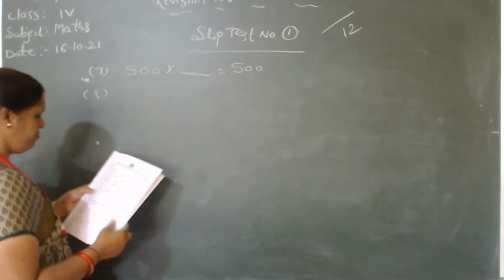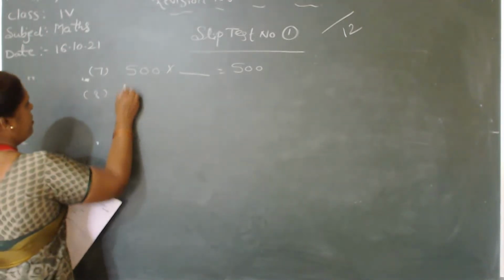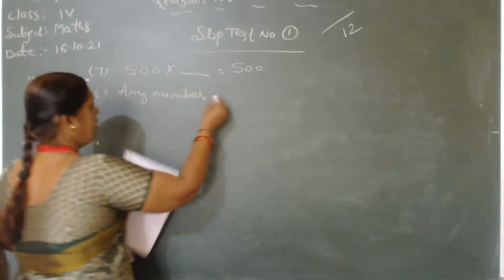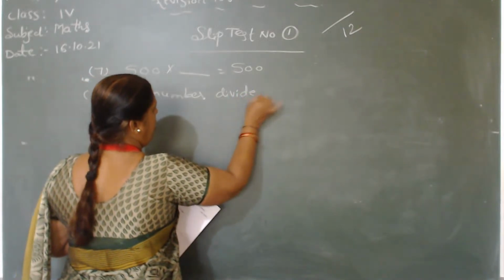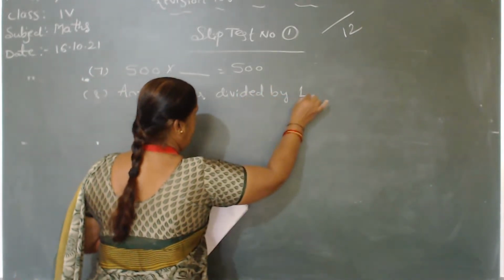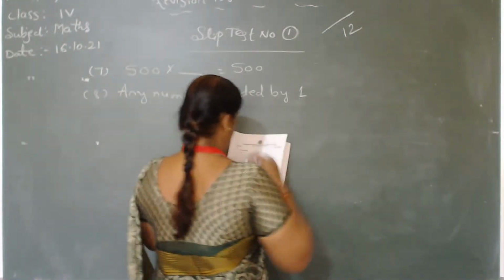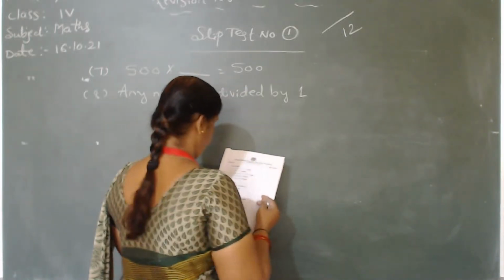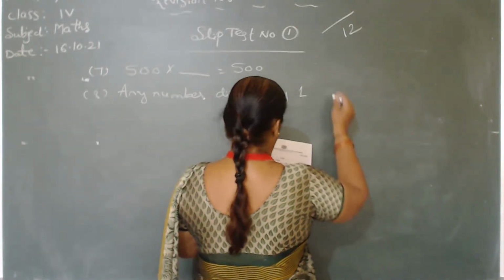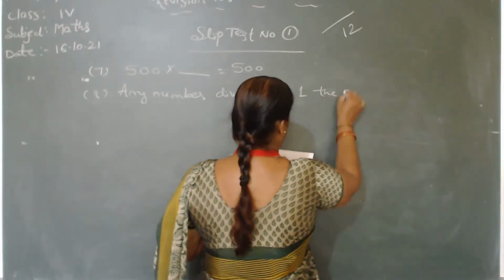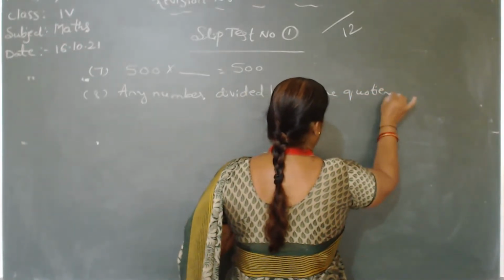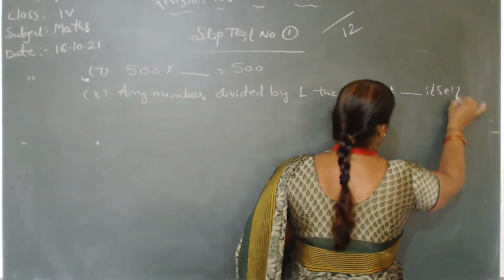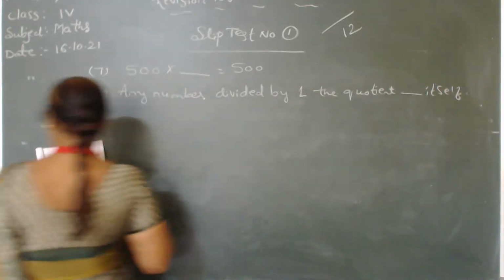Eighth one: any number divided by 1, the quotient is dash itself. The quotient is dash itself.